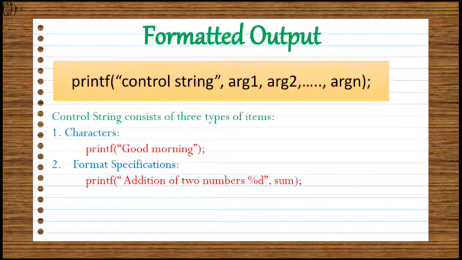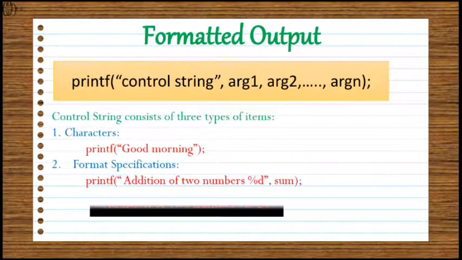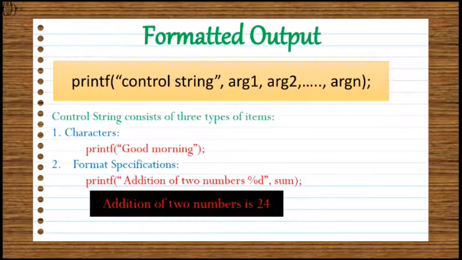So here whatever value is stored in sum will replace the %d symbol. Suppose the value of sum is 24, then on the output screen the message will be addition of two numbers is 24. So basically %d is replaced by the value stored in sum.